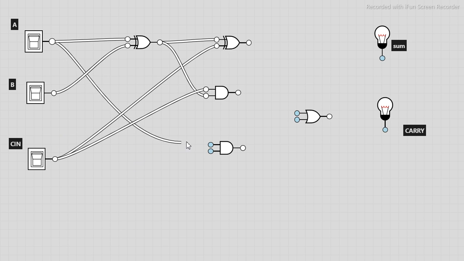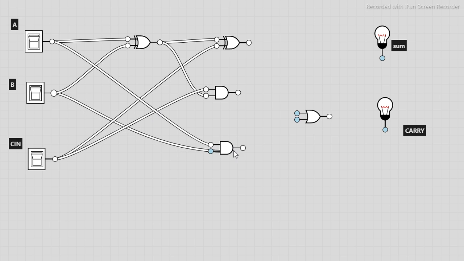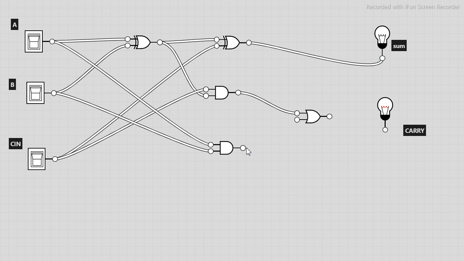A is connected to AND gate, B is connected to AND gate, A is connected to bulb, B and C is connected to OR gate, finally connected to bulb.